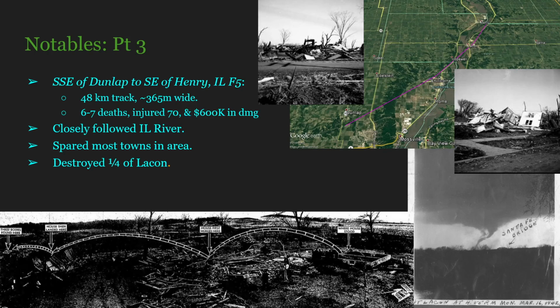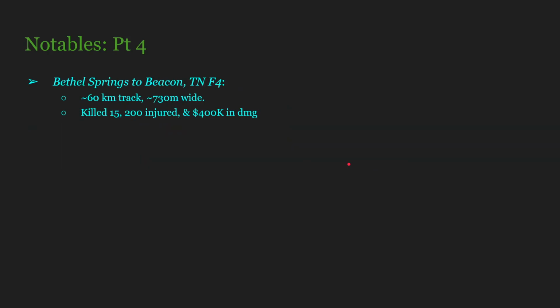I should rephrase. In fact, 1/4 of the community of Lacon was destroyed, more than, I think it was 60 whole blocks. We even managed to get quite a few damage photos, as well as a photo of the tornado itself, which is pretty impressive around this time.